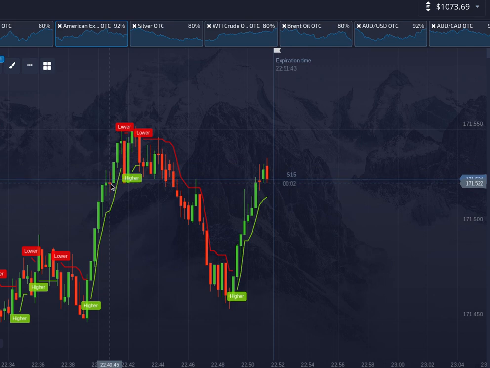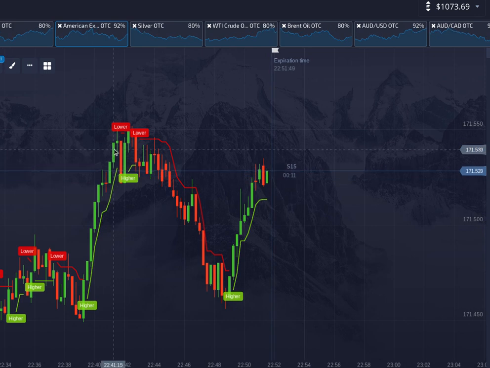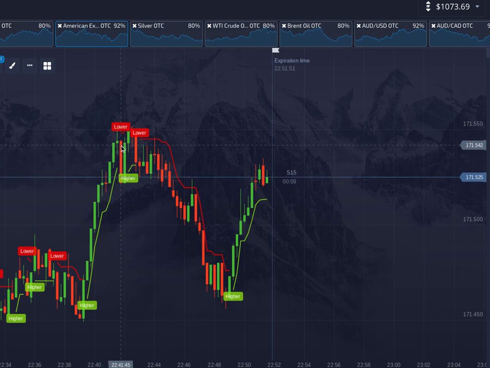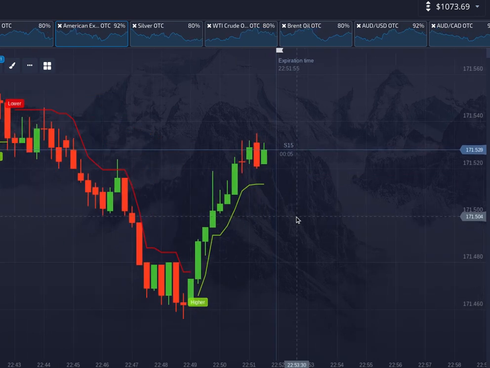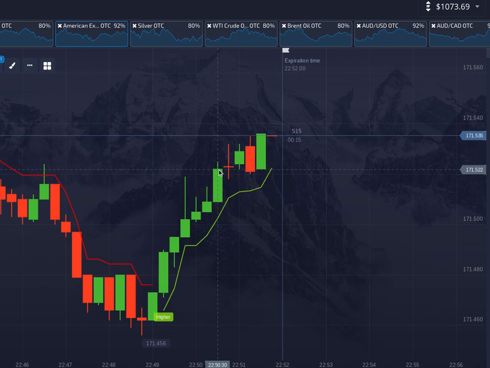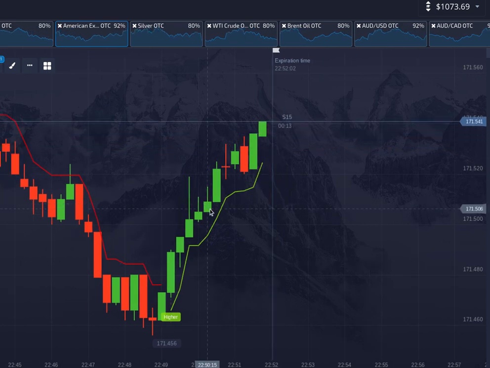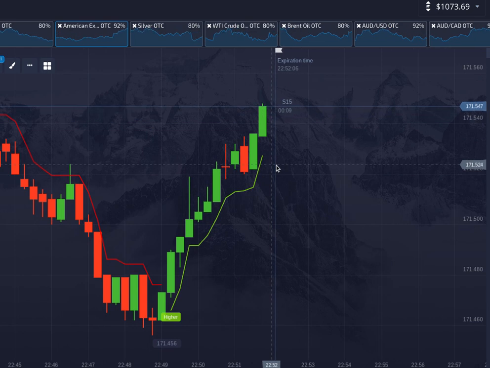You have a chance of winning right here, 3. If you didn't win that one, by chance it bounced against you, 4, 5, 6, finally on 7, you would have won. So if you want to wait till you get 3 or 4 or 5 or even 6 of this candle and then start Martingale, I think your chances could go up, okay?